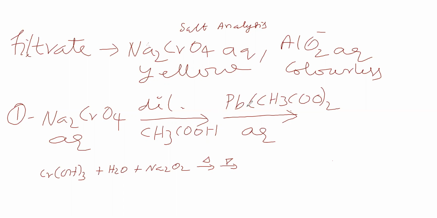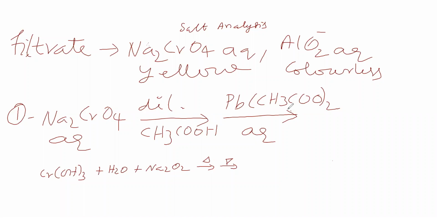Solubility of lead acetate will be high in acetic acid. Why? Because lead acetate forms a complex. So we are adding dilute acetic acid here, and we came to know for what sake we added it.